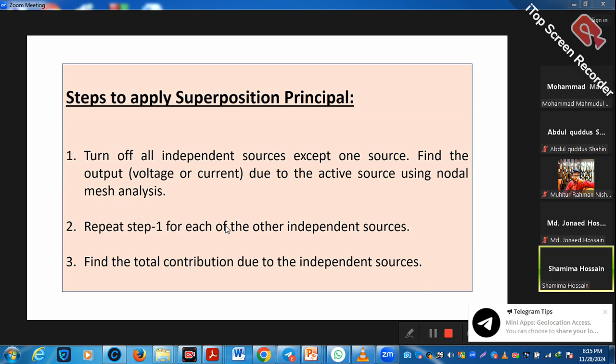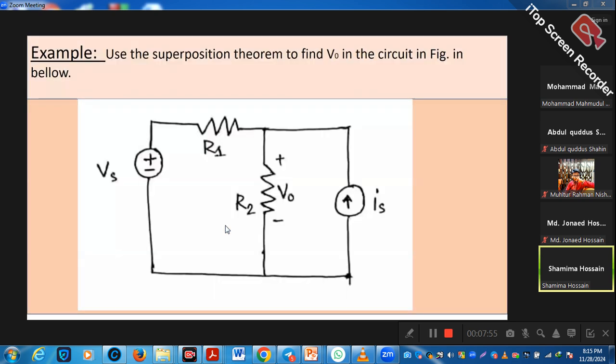Find the output voltage or current due to the active source using nodal or mesh analysis. Repeat step 1 for each of the other independent sources. Find the total contribution due to the independent sources. For example, use the superposition theorem to find the output voltage in the following circuit.